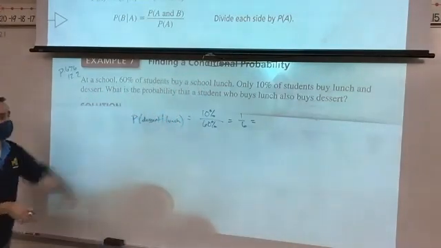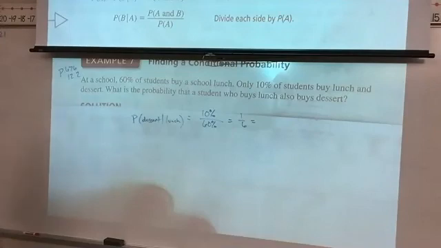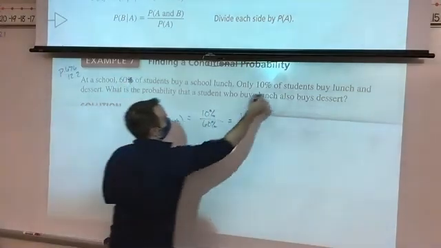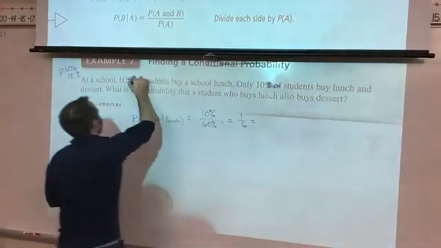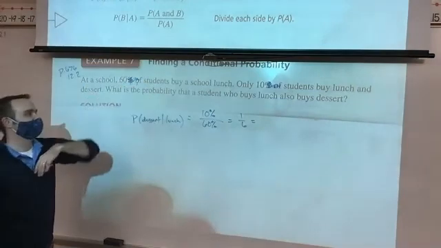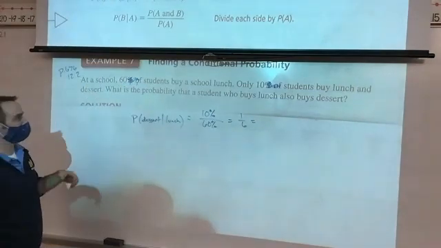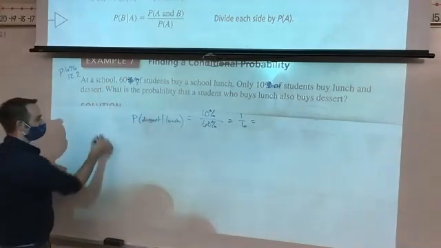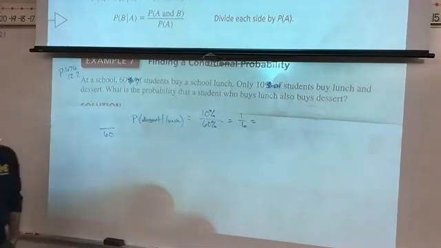Now, we can also think of this logically, right? If we drop the percent and just think about it as numbers, sometimes it's easier for us to understand. So at a school, 60 students buy a school lunch, 10 students buy both. What's the probability that a student who buys lunch also buys dessert? So the total number of people we're talking about right now is 60.